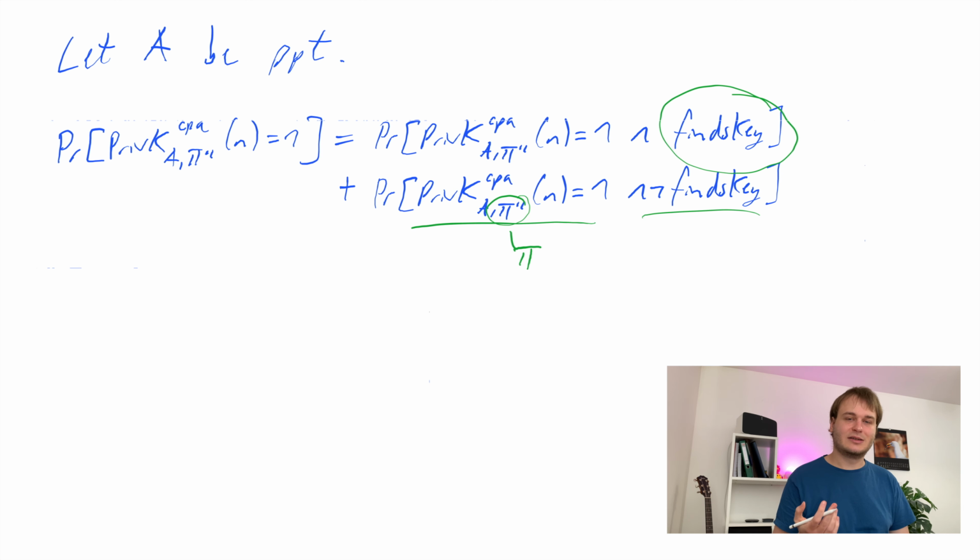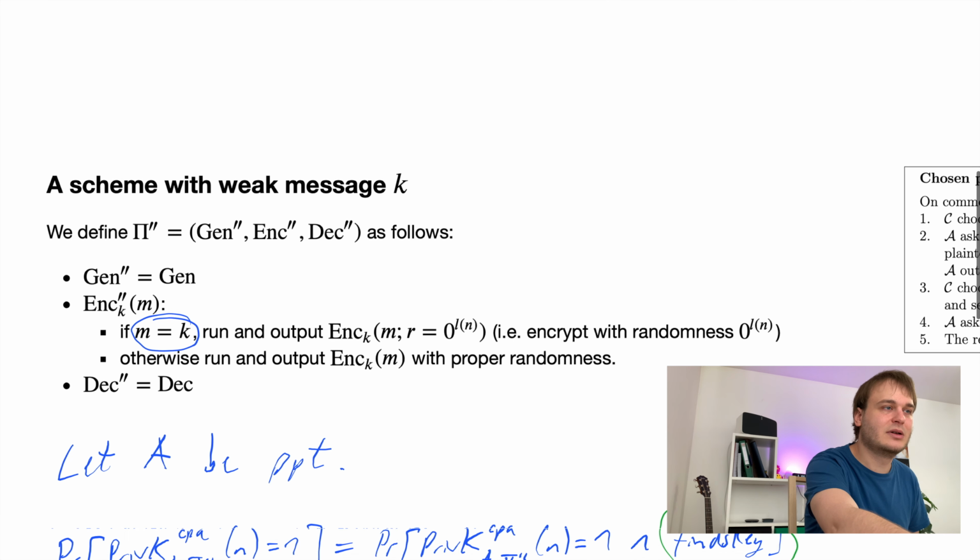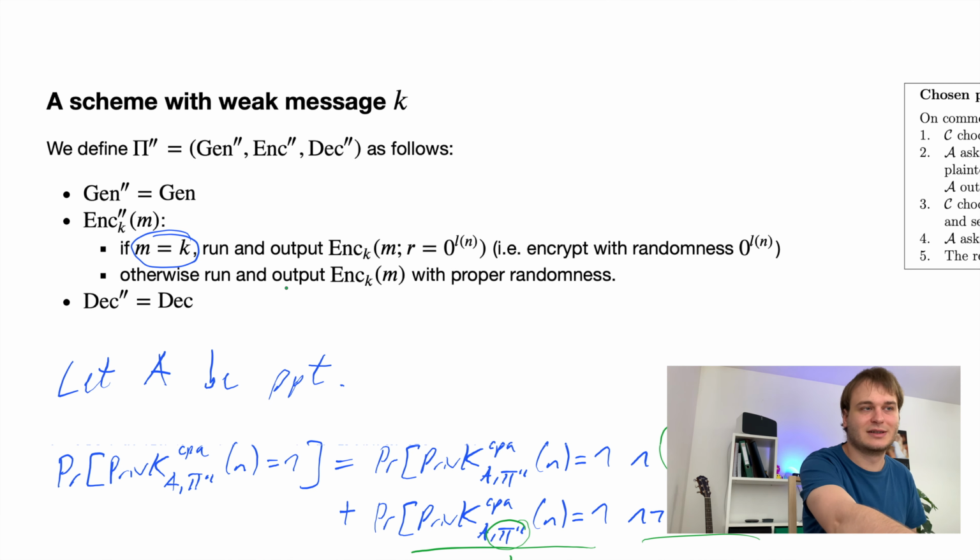Because if finds key does not happen, then pi prime prime will never encrypt the secret key, or the adversary will never see an encryption of the secret key. And then those two schemes are the same, right? Because if you remember, those two schemes by definition are just the same then.